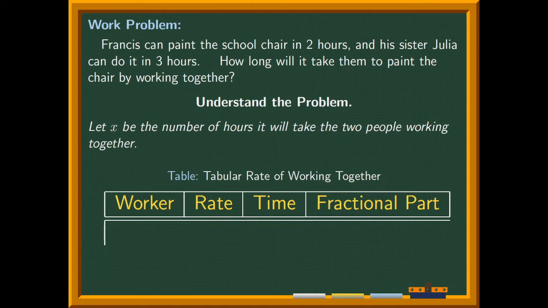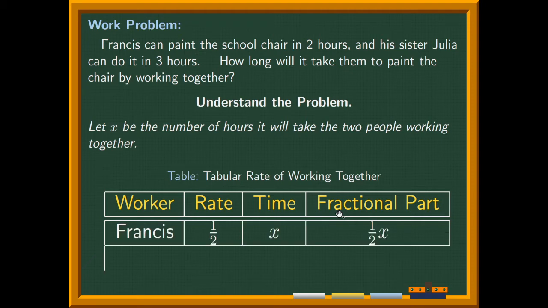So this is the tabular form wherein we have to write the worker, the rate, the time which is the unknown, and the fractional part of each worker. So for Francis, we have one job, painting the job, this is one.